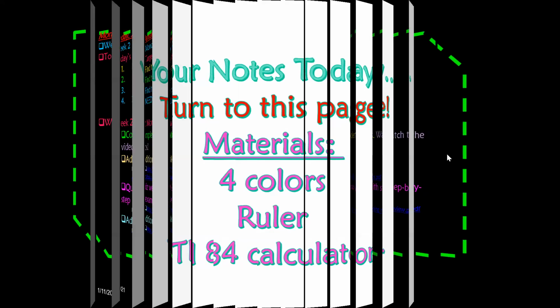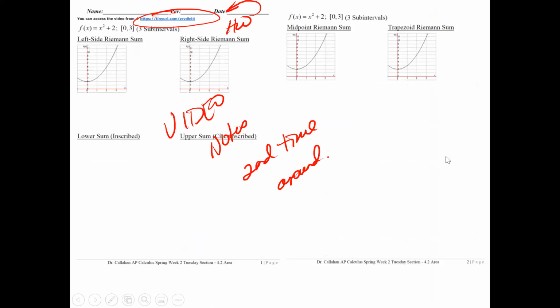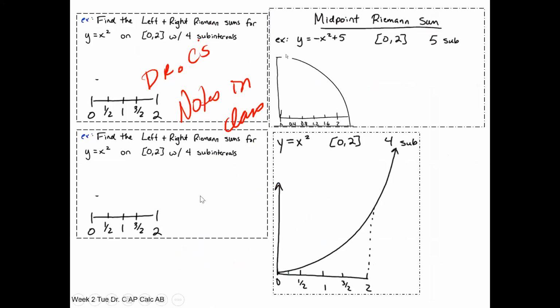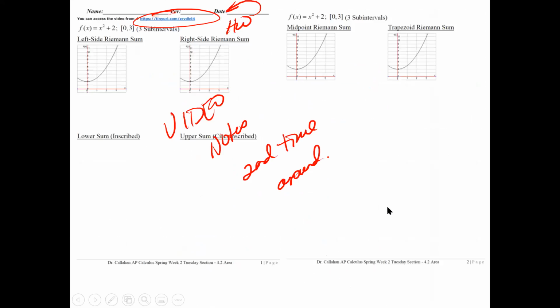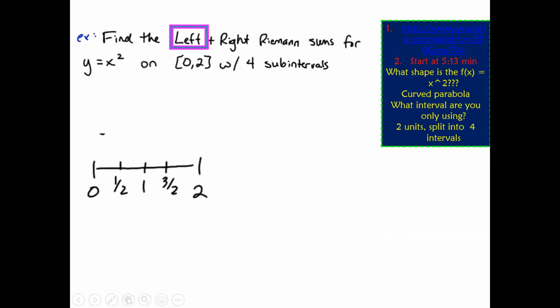All right, so with that said, let's go ahead and get started. We're going to start off on this page right here. For the first example, you are to find the left Riemann sum for the function y equals x squared. First thing you want to ask yourself is, what does y equals x squared look like?